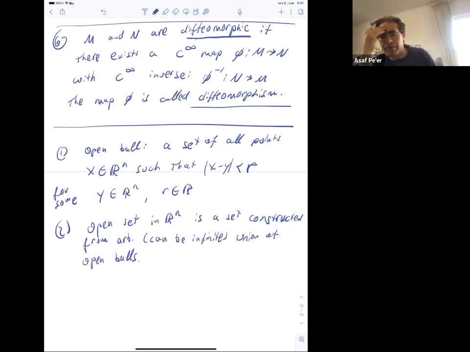So for every point inside an open set, I can always find an open ball surrounding it.